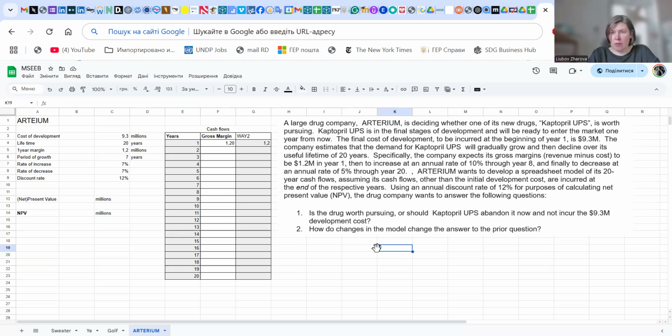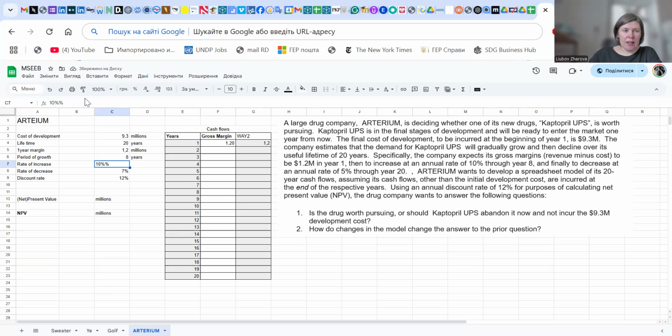What they know through their studies is that the life cycle of this drug will be around 20 years, and they expect that, as they are going to introduce the first such drug on the market, the gross margin in the first year will be about 1.2 million, and then it will grow during 8 years at a rate of increase of 10%.